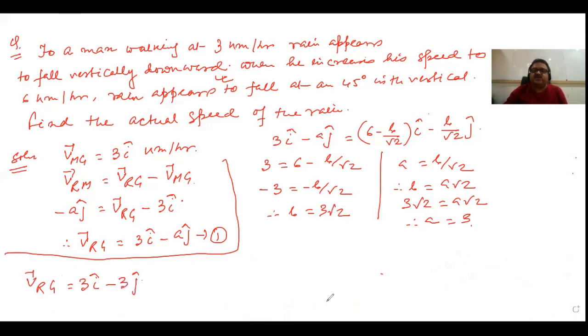Now, if I draw the vector triangle, look, it is like this. First of all, it is 3 i cap, which means along this direction. Minus 3 j cap means along this direction. So what to do then? Complete the parallelogram.